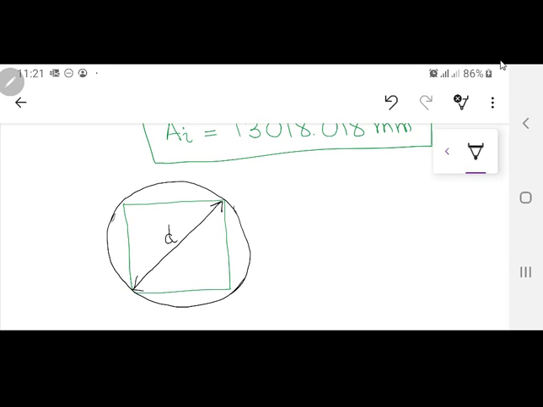D is the diameter of the circle, and certainly it's also the diagonal of the square. Now the square has 2 dimensions, A and A.